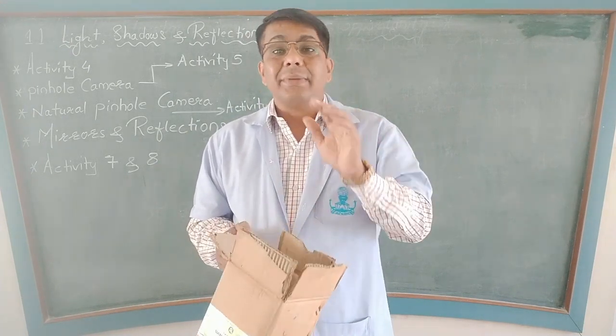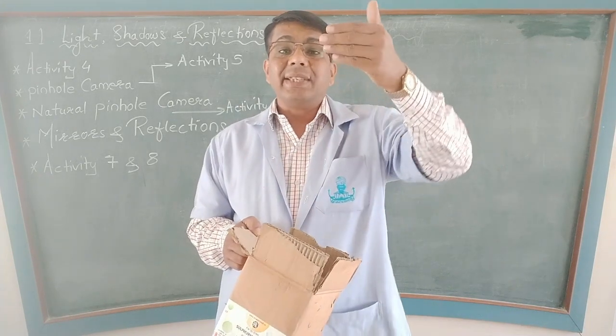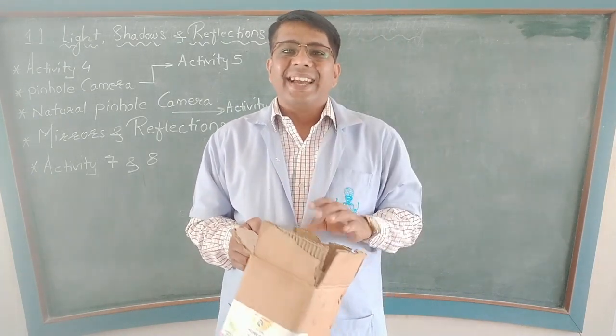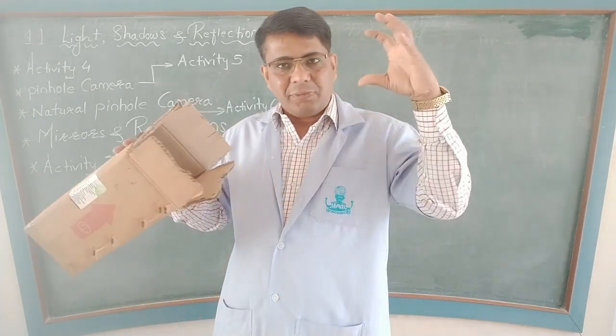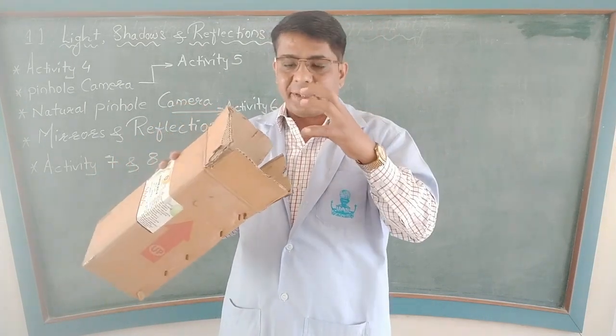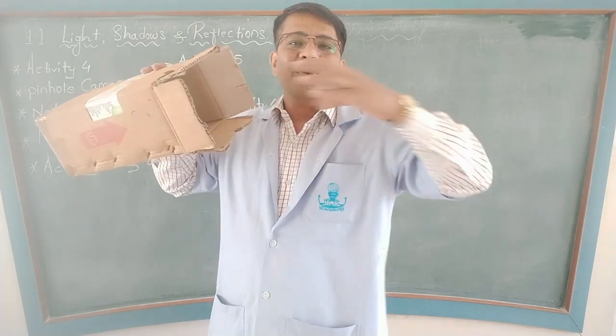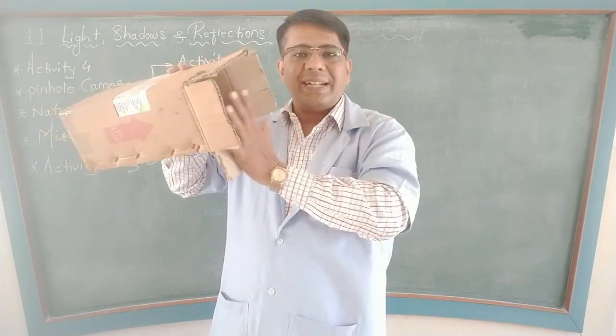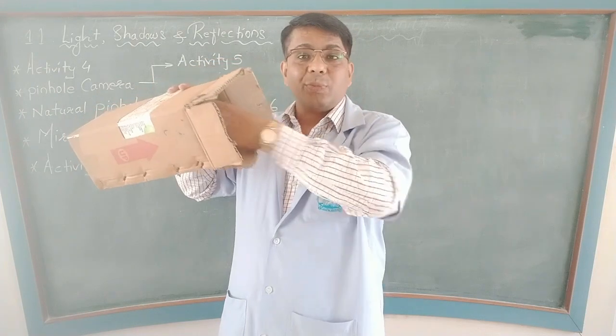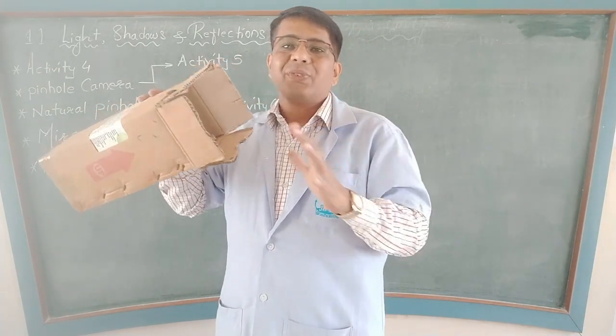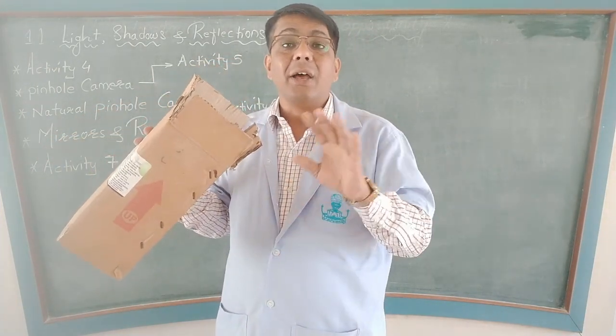Tracing paper we call it, right? Tracing paper on it, and that part which is fixed, place it in this box so that it can move. Now these are open parts, so that small box also, open part will be facing this side. So your pinhole camera is ready.